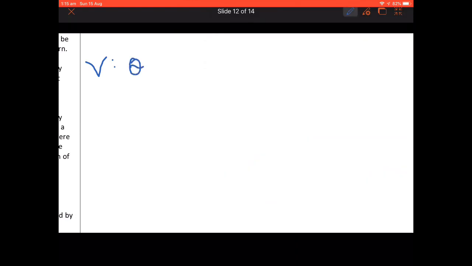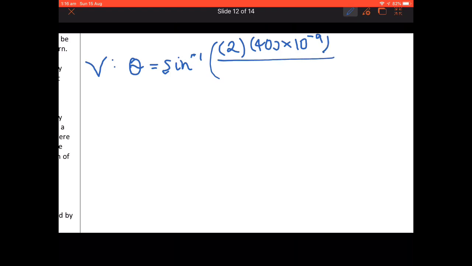It will just be theta is equal to inverse sine of m equals 2 this time, and then 400 by 10 to the negative 9 divided by 1.67 by 10 to the negative 6.